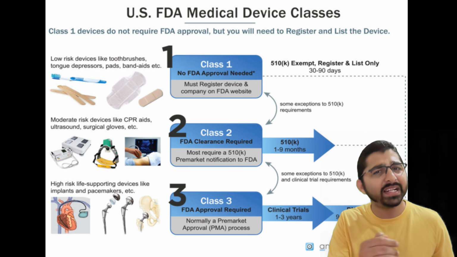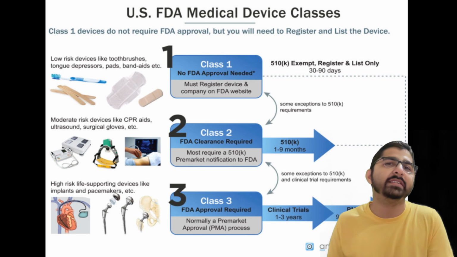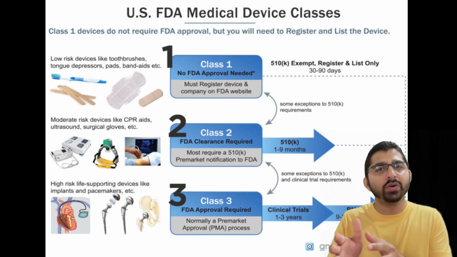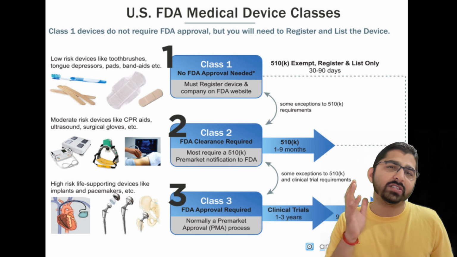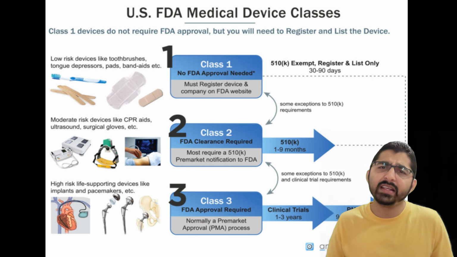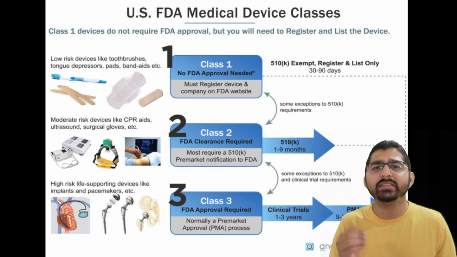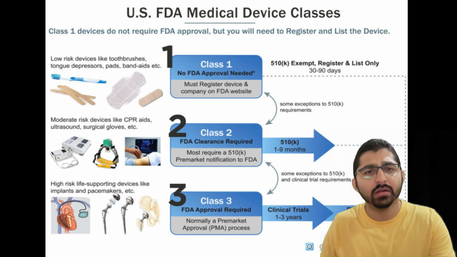When I say similar classification, it means they are classified on the basis of risk category and intended use. The low risk devices fall under Class 1, the moderate risk in Class 2, whereas the high risk devices fall under Class 3. Now let's talk about the definition of these classes.